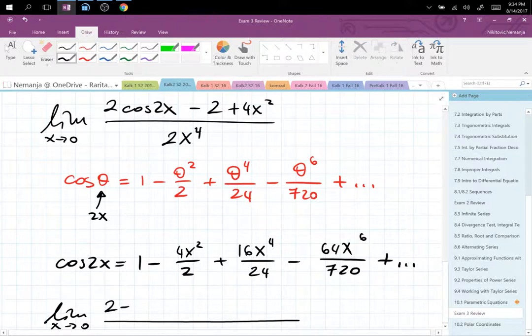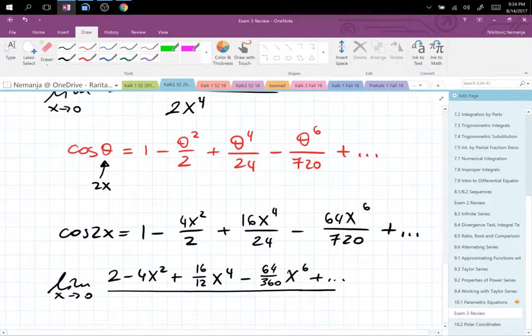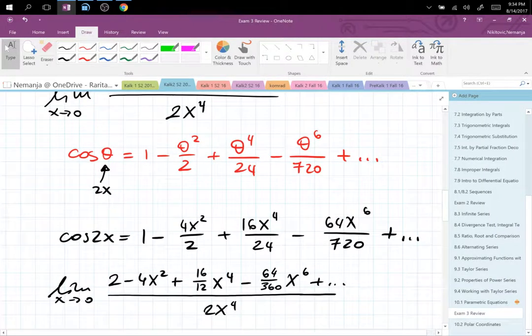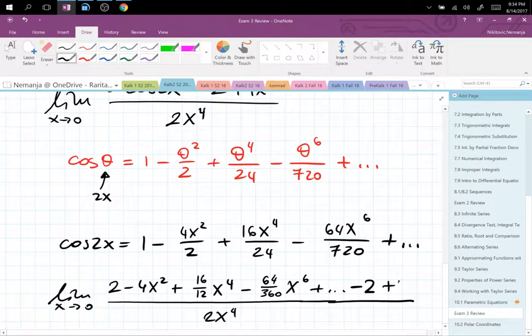So I have 2 minus 4x squared plus, this is going to become 16 over 12 x to the 4 minus 64 over 360 x to the 6 plus dot dot dot forever, divided by 2x to the 4. Now I also have minus 2 plus 4x squared.